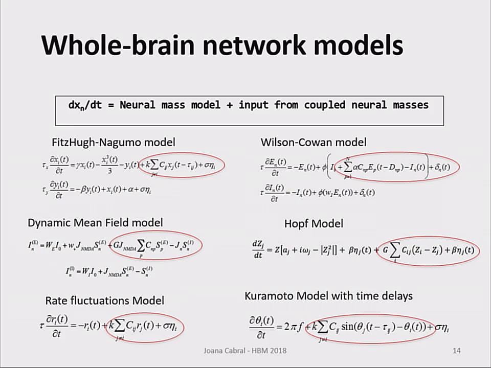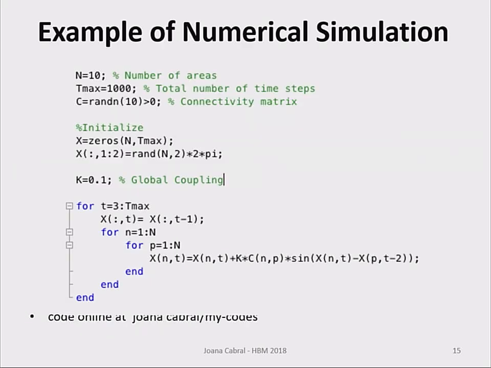After the sum symbol there's always this CNP, and this is where the structural connectivity gets into the model. The coupling term can depend just on the difference between their activity, or on the difference between the phases of the activity. So if one is going up and the other is going down, it will take that into account.